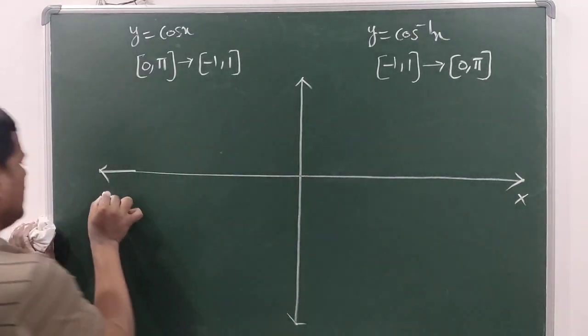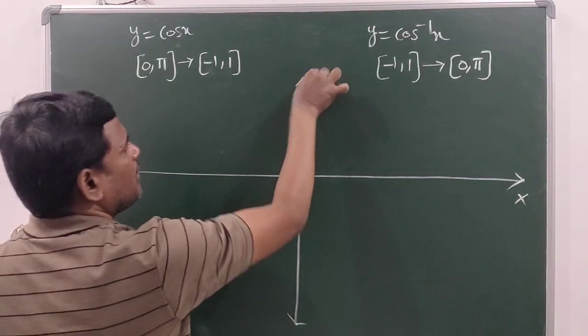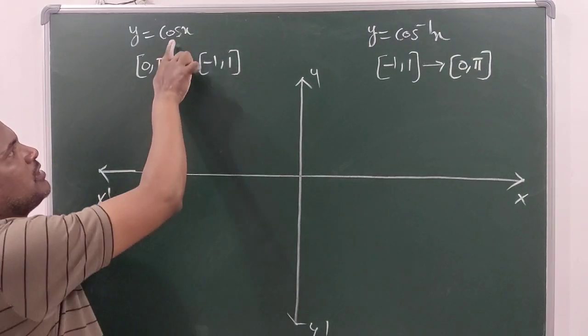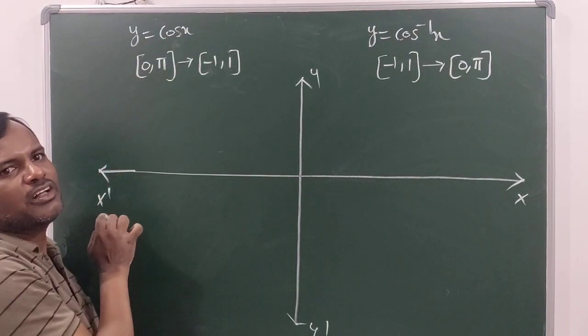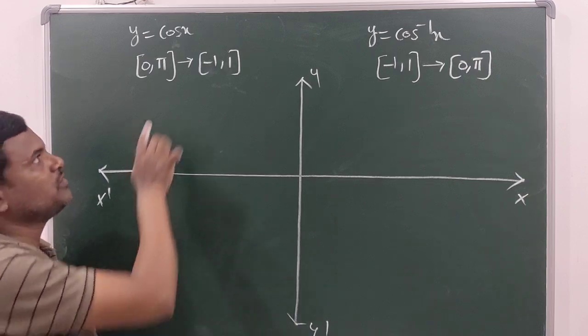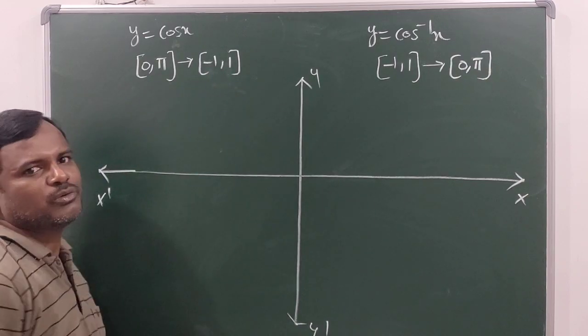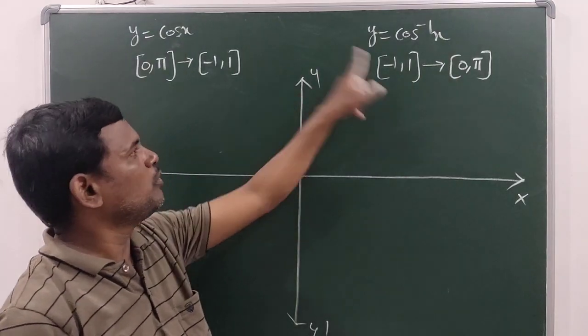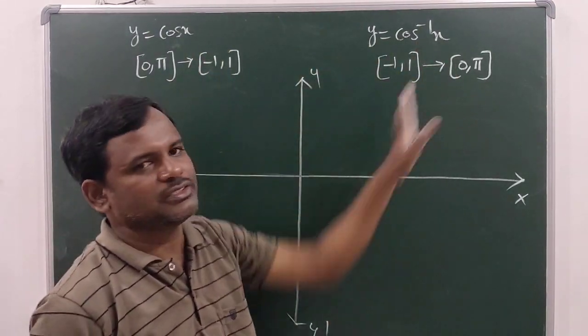X dash, y dash. Students, observe carefully. What is the principal domain of cos x? 0 to pi. Range is -1 to 1. When you go to the inverse, this will be the domain and this will be the range.